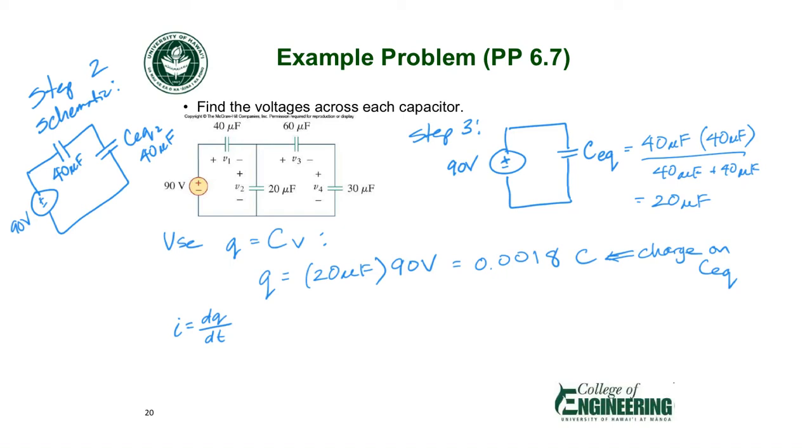Okay, now since current is related to charge, for capacitors in series, the charge on those capacitors should also be the same. Okay, so because of that, I know that the charge on those two capacitors will have the same value.